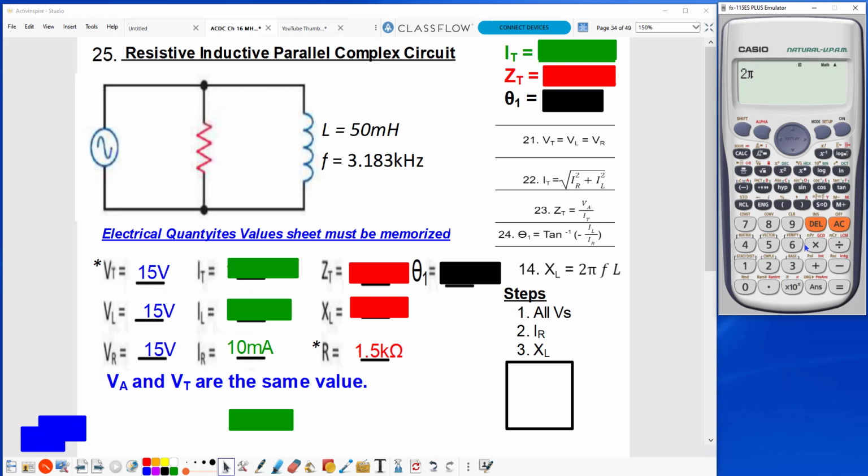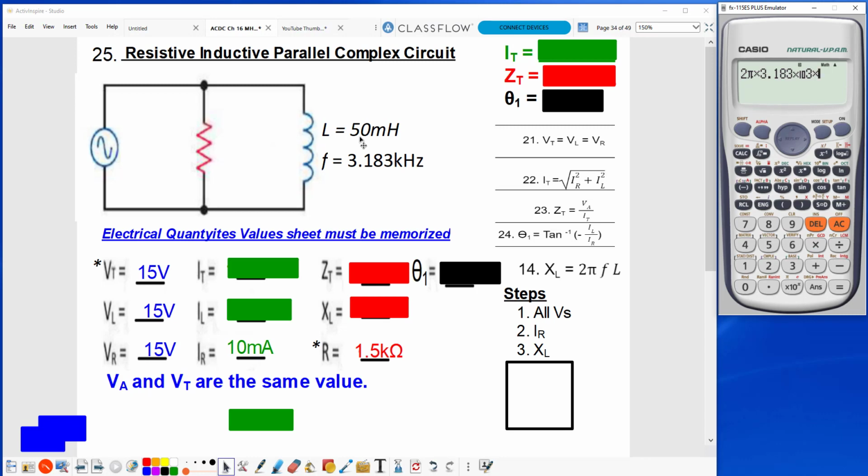2 pi times, got to hit the multiplication sign, 3.183 kilohertz times 10 to the third. Make sure you do kilohertz or you will not get the right values. So 2 pi times F, I've got the F in there now for frequency, times L. So I'm going to say times, where is my L value?